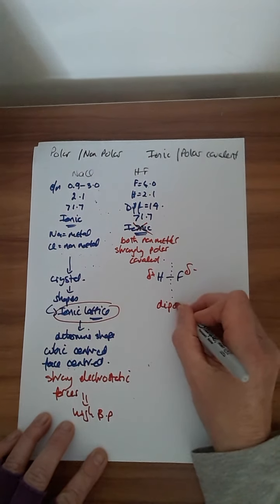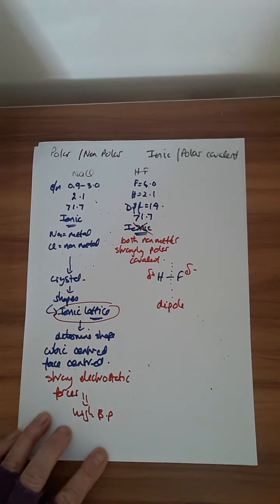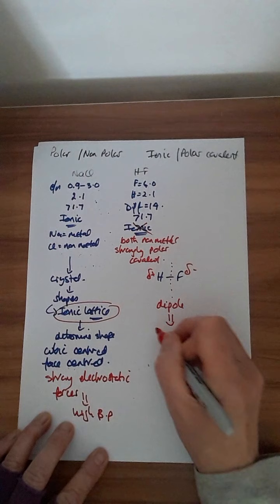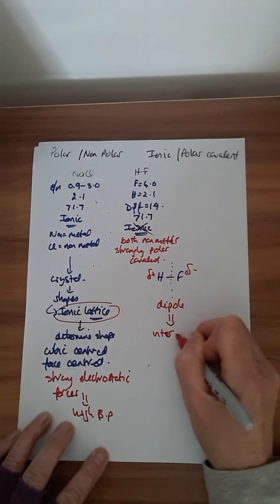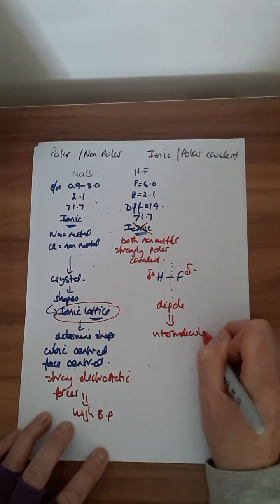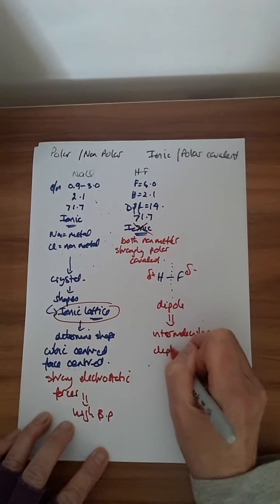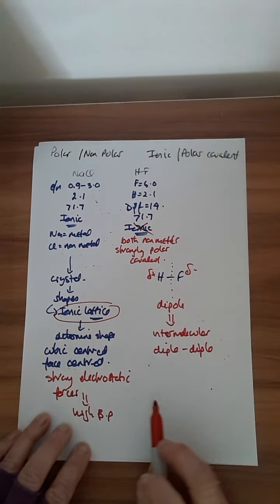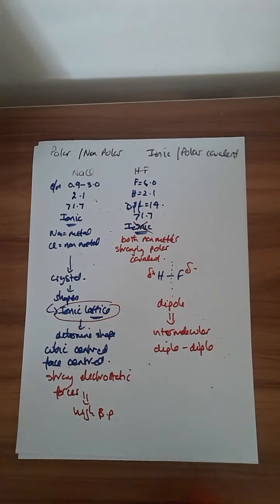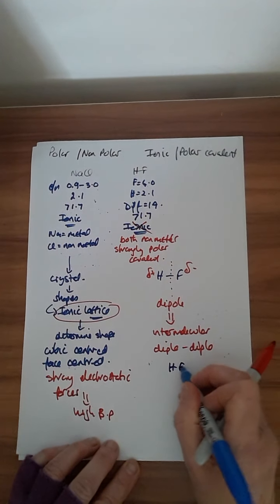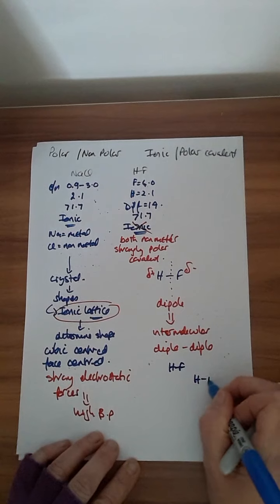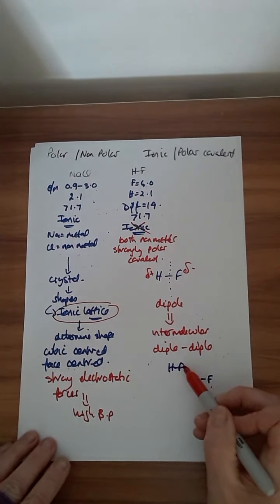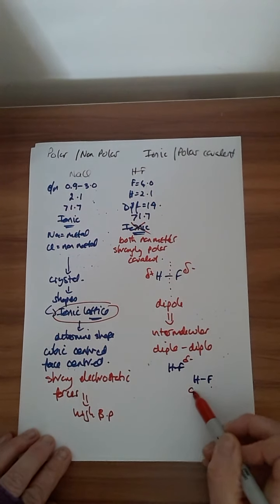That's known as a dipole. If you have a dipole present, the types of intermolecular forces that compound will have will be dipole-dipole forces of attraction. If you have an HF here and an HF here, this will be the slightly negative end, this will be the slightly positive end.